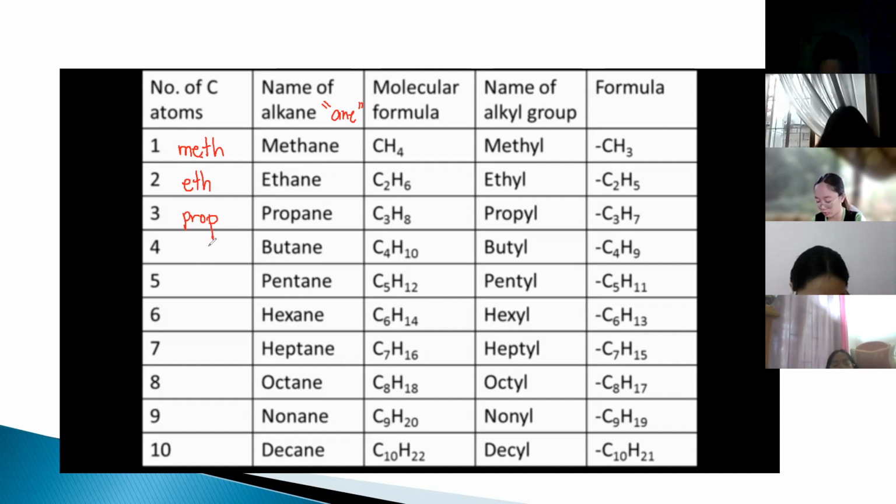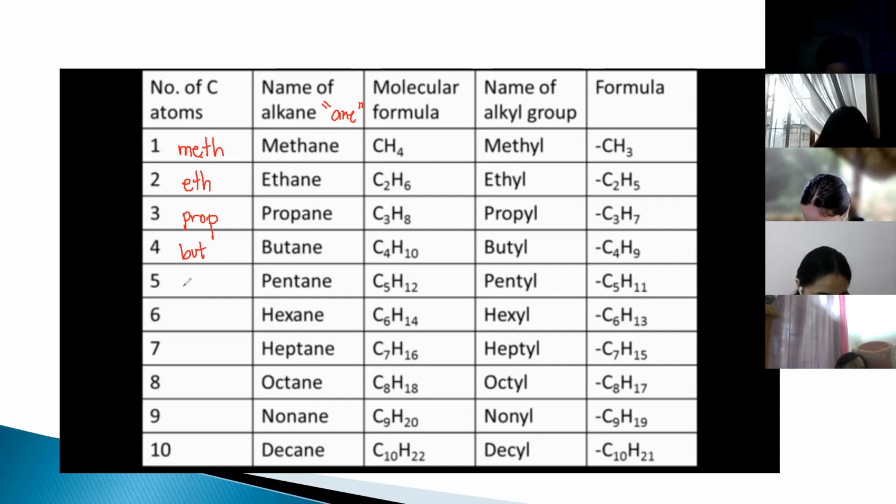And then propane. For 4 carbons, the prefix is but, so we call it butane if it is an alkane, because they are all single bonds. That is what we use when we cook, butane. Actually, most alkanes with fewer carbons are gases and they are used as fuel.